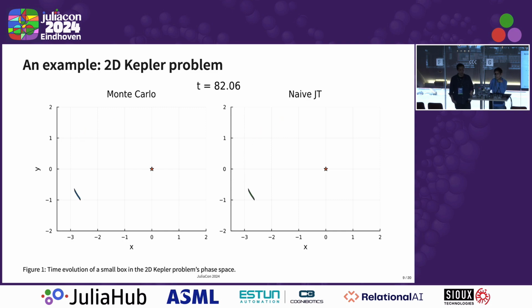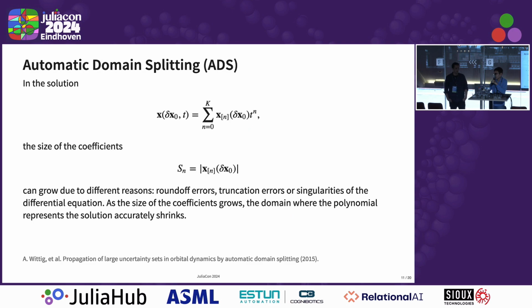Yes, ADS, automatic domain splitting, is not rigorous, so we do not have rigorous control of the error.